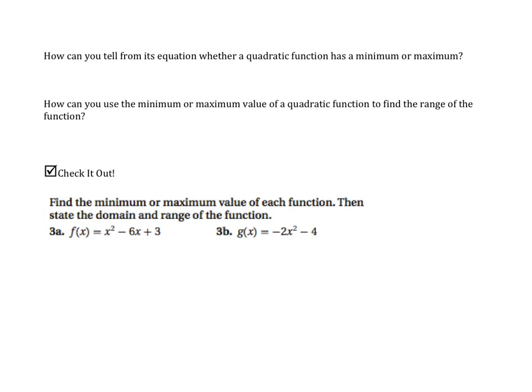How can you tell from its equation whether a quadratic function has a minimum or a maximum? So if a is positive, it has a minimum. And if a is negative, it has a maximum, because that means it opens downward. How can you use the min and max value of the quadratic function to find the range?